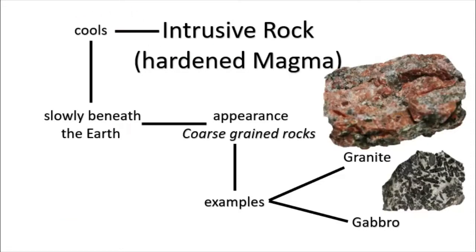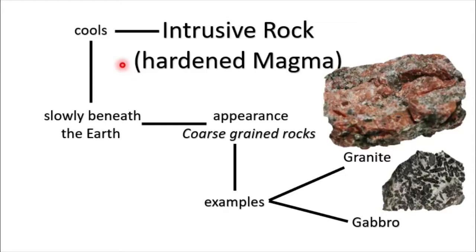So the other type also of an igneous rock is called an intrusive rock. Intrusive meaning they are found inside. They are basically the hardened magma. So when they do not have the chance or opportunity to be spewed out from the mouth of a volcano, they will stay inside the volcano.